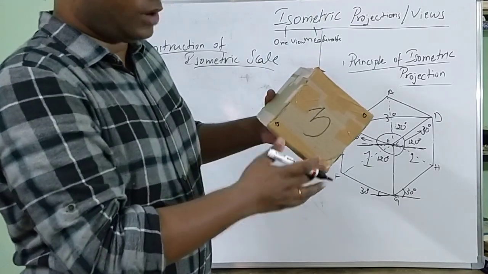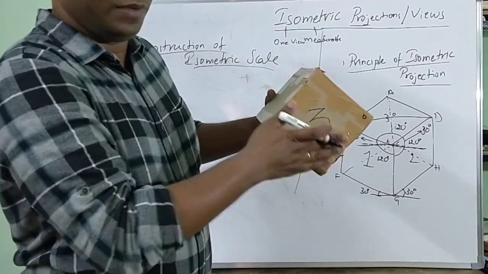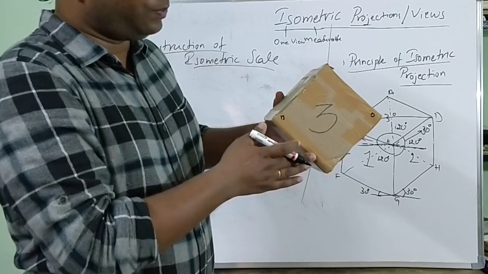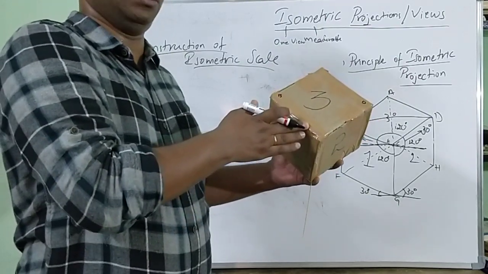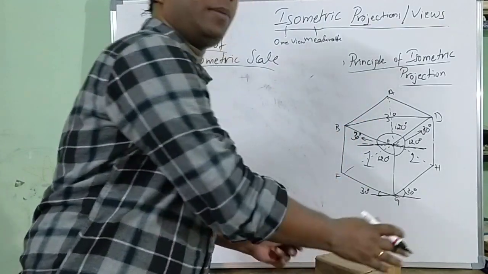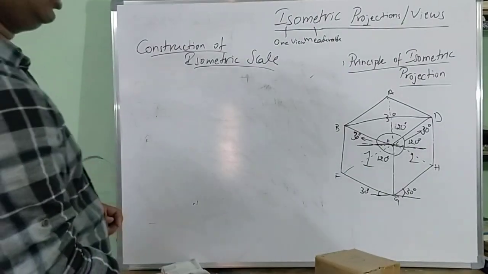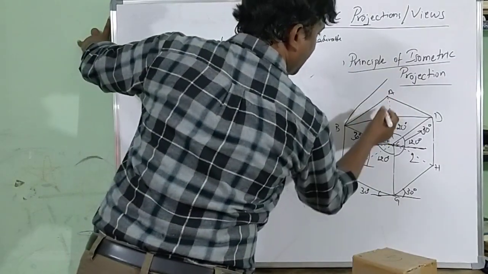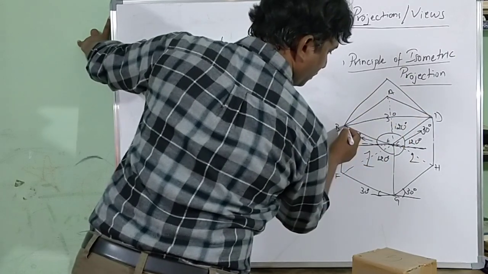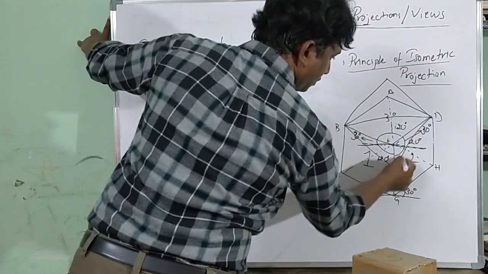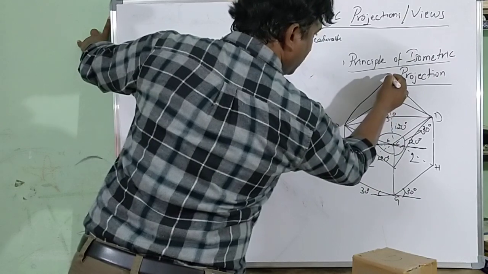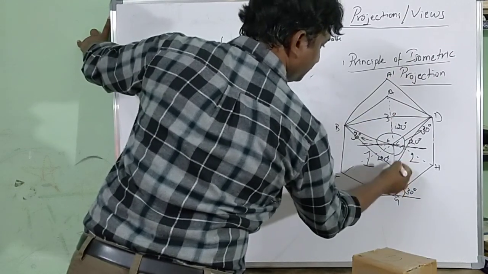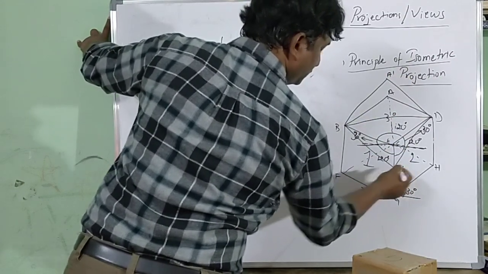But now if you observe, the plane which is parallel to you has been rotated towards the top side. That means the plane dimension is changed but not the diagonal. So with respect to that, from here I am drawing a line like this. This is A dash, C dash.